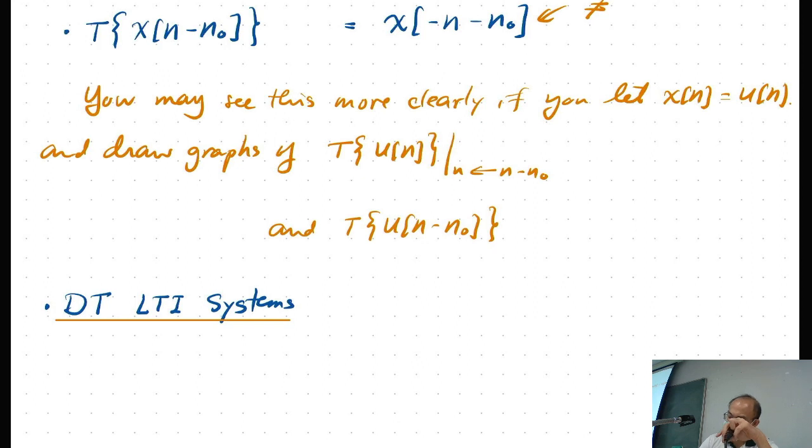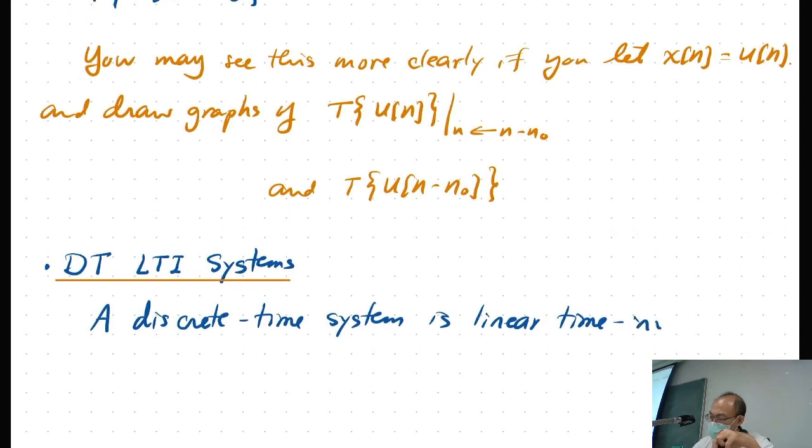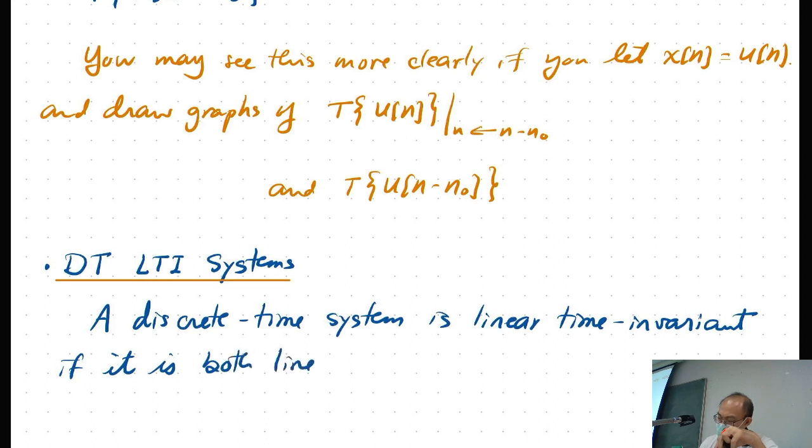A discrete time system is linear time invariant if it is both linear and time invariant.